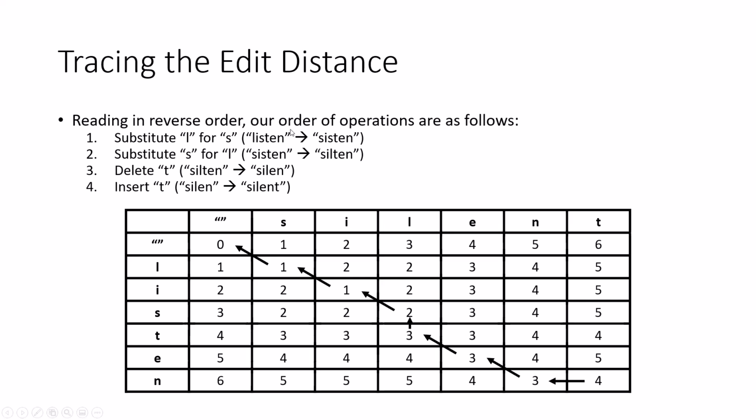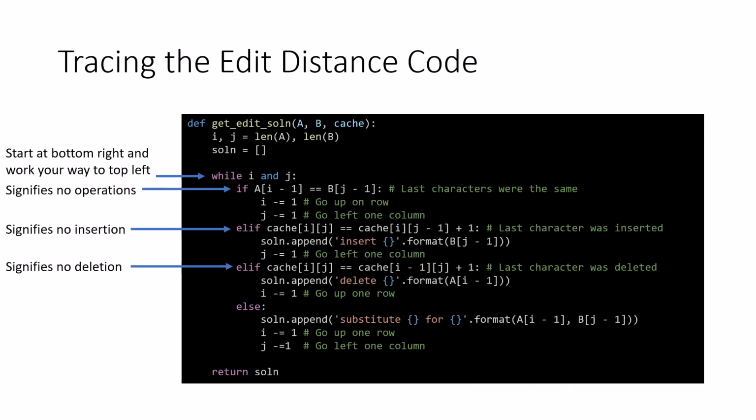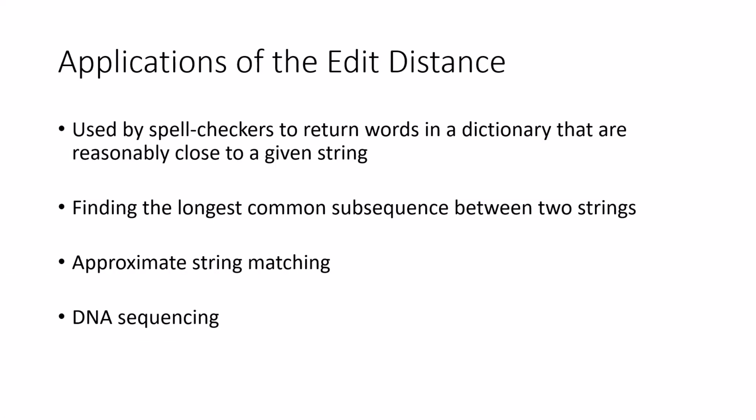So that is the edit distance, and a few applications of the edit distance. If you're ever wondering how your editor, like Microsoft Word or Google Docs, has a spell checker in it, they typically use this edit distance metric. Whenever it suggests another word that you probably meant to use, how does it find that word?